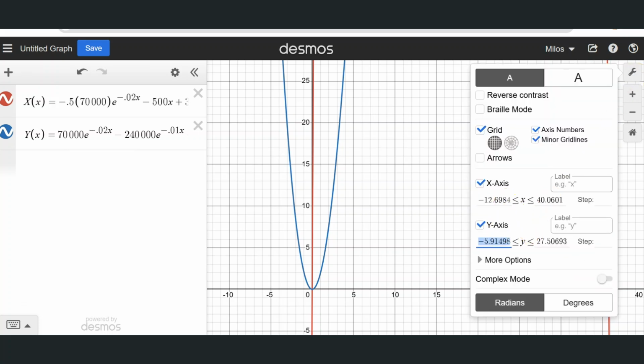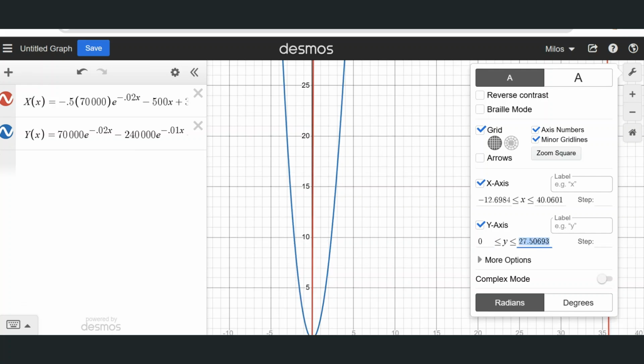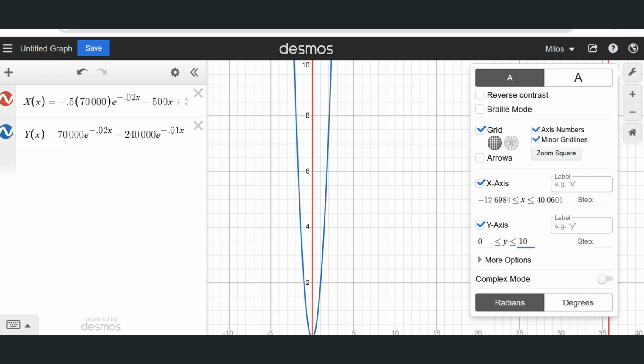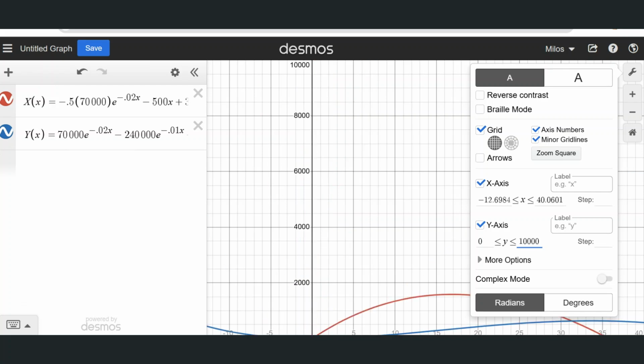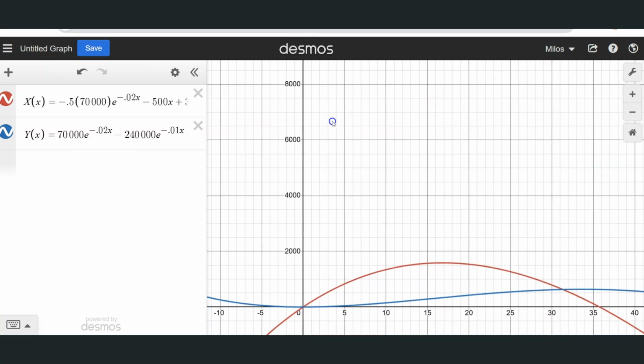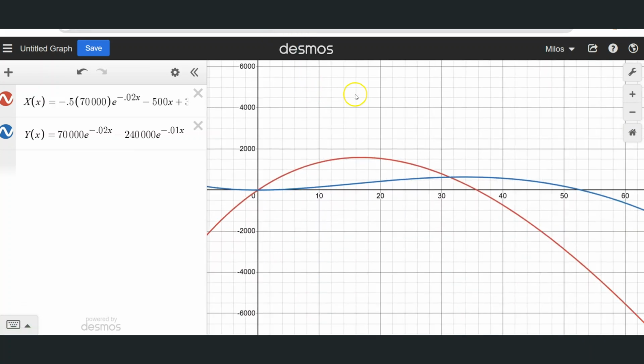So I'm going to come up here and set my y-axis. I like to go in increments and multiples of 10. So I'll go 0 to 10. Nope, still don't see it. Go to 100, go to 1,000, go to 10,000. Now I can see both graphs. And moreover, I can actually see that it looks like the amount of mercury increases and maxes out after about 16.8 days.